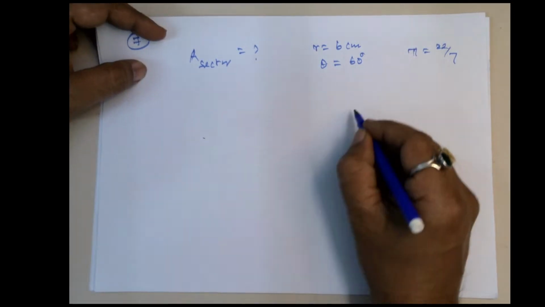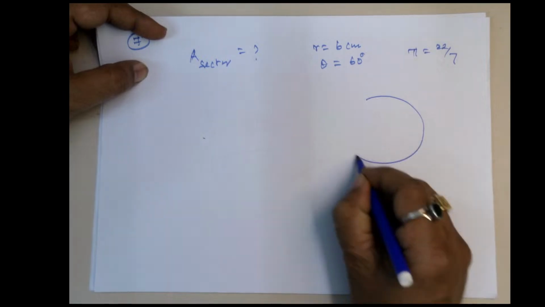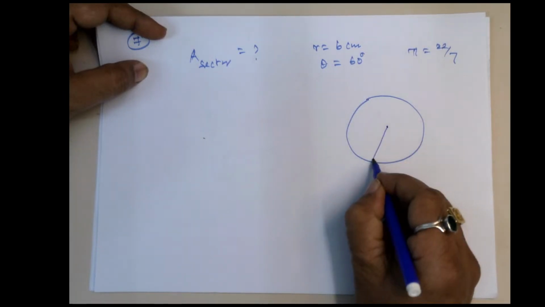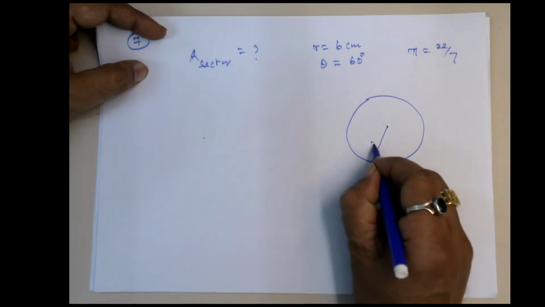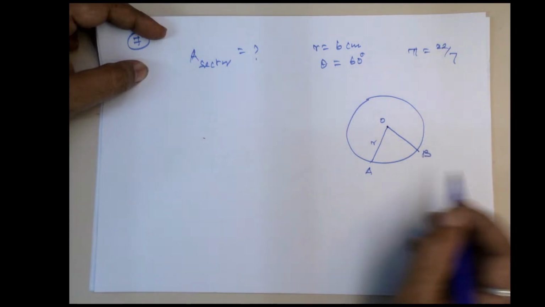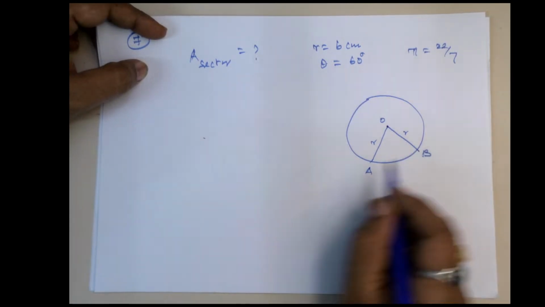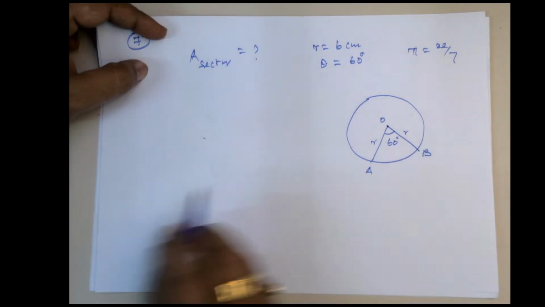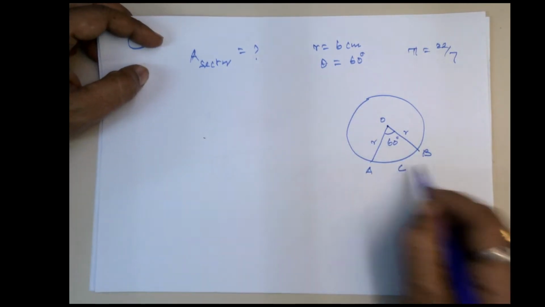So in that case you can draw a circle. OA is the radius and another point is B. This is also radius and its angle is 60 degree. So this is C. So this is a minor sector.